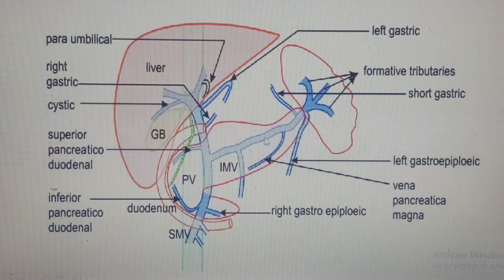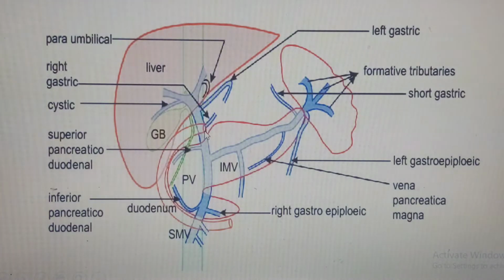This is the splenic vein, and this is the superior mesenteric vein meeting to form the hepatic portal vein. The inferior mesenteric vein drains into the splenic vein, which continues and joins the superior mesenteric vein, and then forms the portal vein.